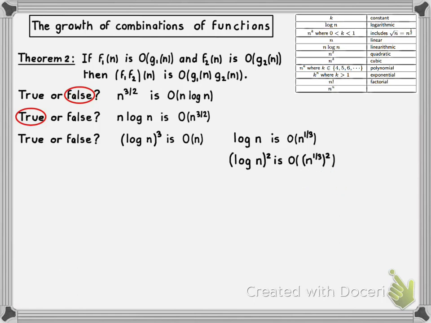So when you multiply f1 and f2, you get this function, and when we multiply g1 by g2, we get that function. Of course, that function is nothing but n to the power 1, which is equal to the upper bound we're interested in here, and therefore the answer to this true-false question is clearly true.